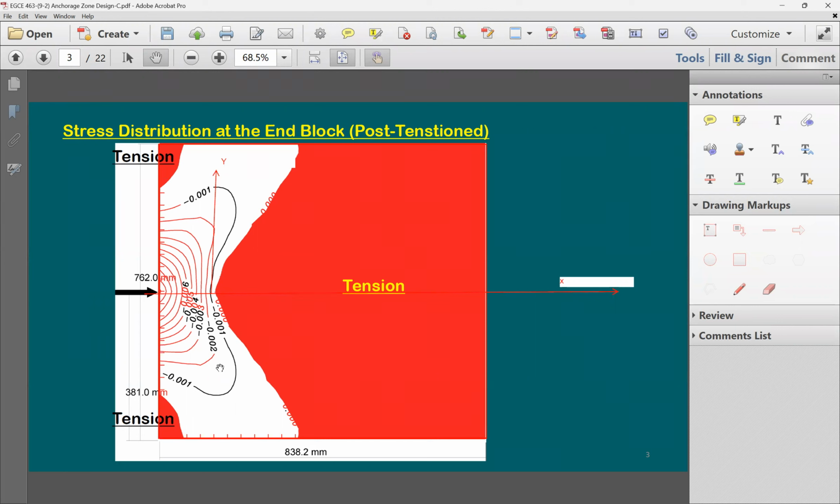So the stresses you're looking at in this picture are all in the y direction, nothing in the x direction, because in the x direction there are mostly compressive stresses. If you put compression here, at the beginning we are going to have highly compressive stresses, and it will become uniform at the end of the beam.